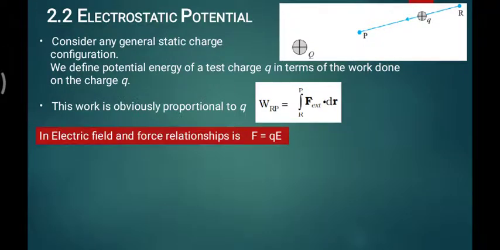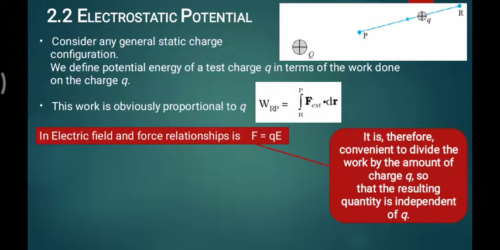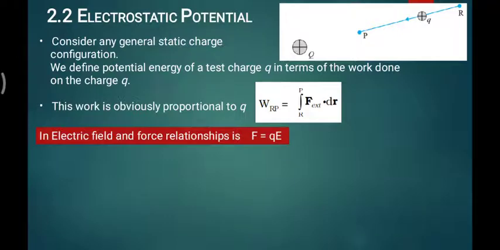In the electric field and force relationship, we are very clear that F is equal to qE. Therefore it is convenient to divide the work done. Here the electric field and electric force have a relationship with q.